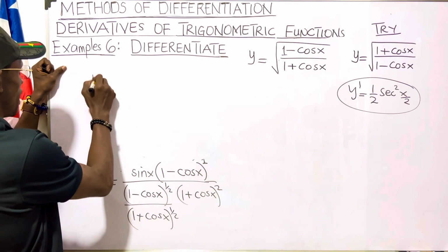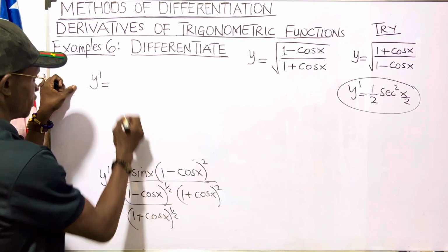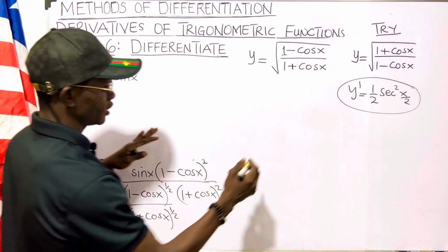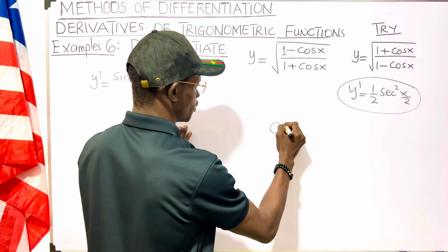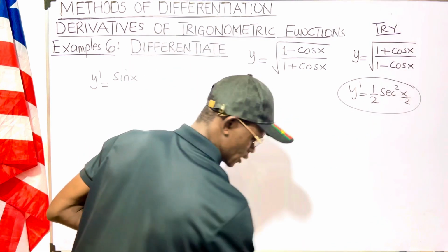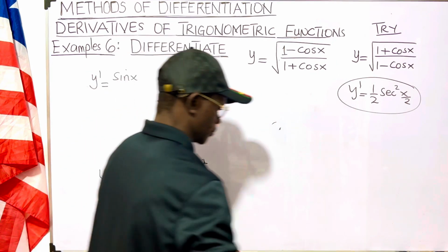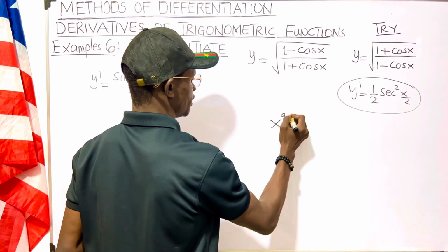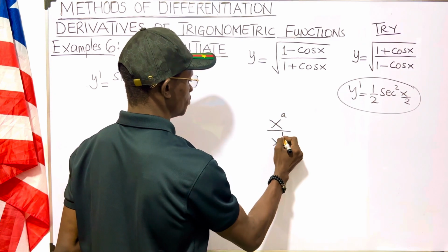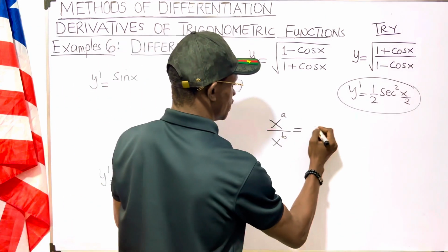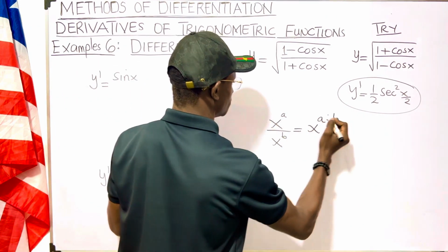So we have y prime now to be, this is sine of x. So remember, if you have x raised to the power a over x raised to the power b, when the bases are the same, it can be x raised to the power a minus b.